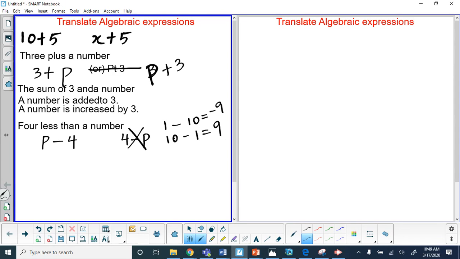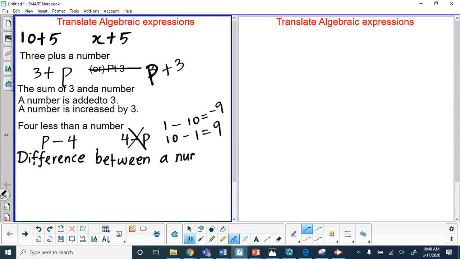Number one, difference between a number and 4. Number two, take away 4 from a number.